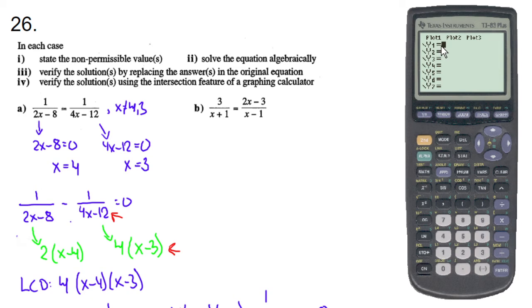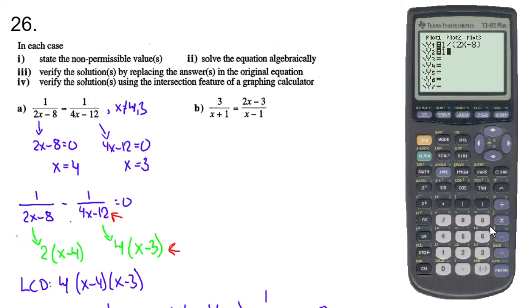So y1 is going to be the left hand side, y2 is going to be the right hand side. So 1 divided by. Now you have to keep in mind here that if we look at the denominator, when you enter this in the graphing calculator, you have to put brackets around the denominator or you're going to get the wrong function. So I'm going to have an opening bracket, 2 times x minus 8, closing bracket. So there's my left hand side.